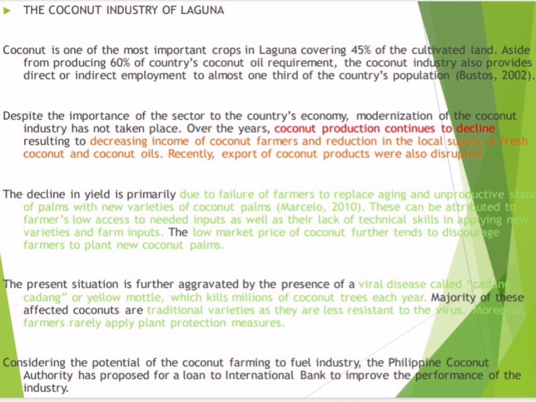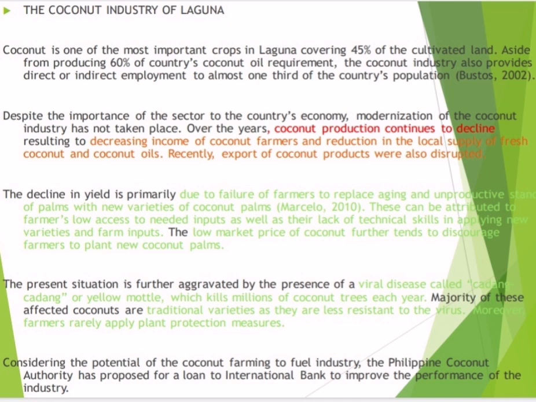So another reason or justification for the problem is that, because of the kadang, many coconut trees have died, and the major cause of this is the yellow mottle, this viral disease that targets the traditional varieties.